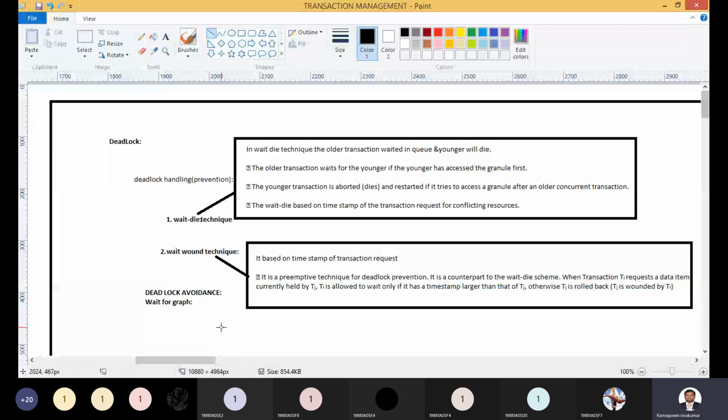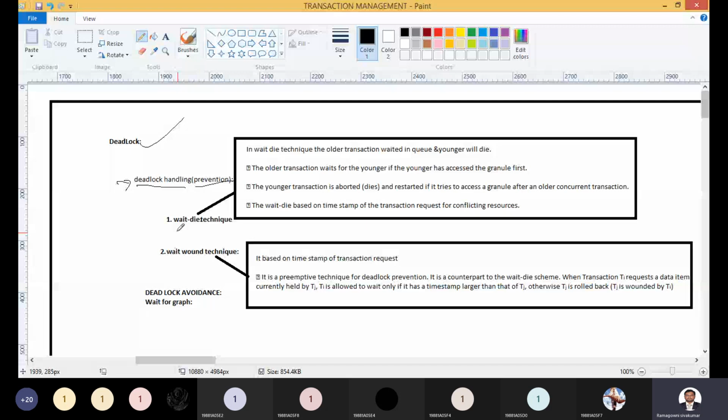Today I'm going to discuss the deadlock topic, and then how to prevent the deadlock. That means how to handle the deadlock. So that is called prevention. In that prevention we have the wait-die technique and the wound-wait technique.